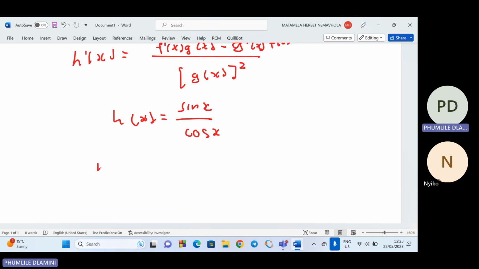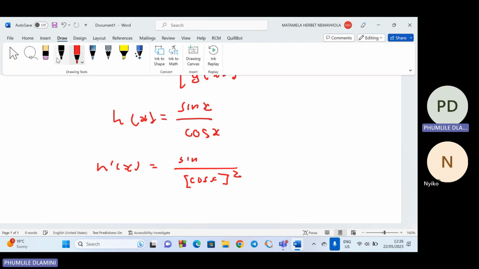So if I have to find h prime of x, then h prime of x is going to be equal to, I'm going to square cos x, then I will differentiate sine x. When I differentiate sine x, it's going to be cos x.